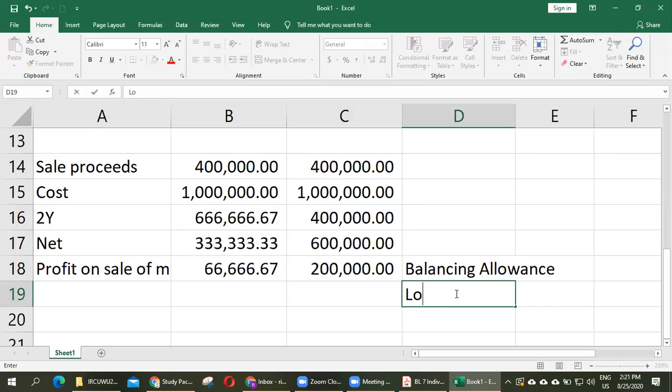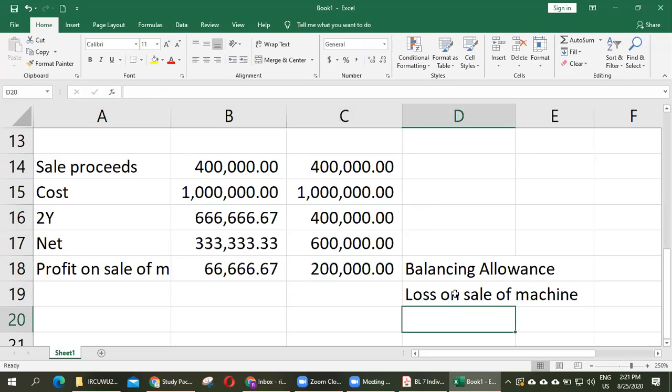Loss on sale of machine, right? In tax, we have to use balancing allowance. In accounting, we use loss on sale of machine, right? That's different. Any questions?